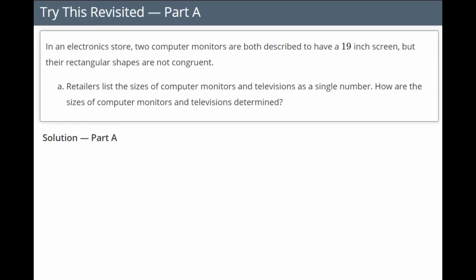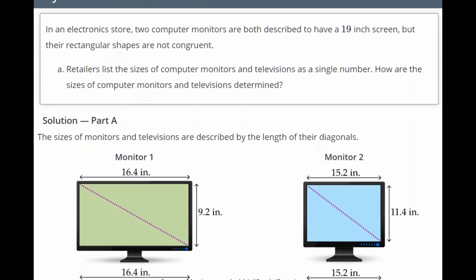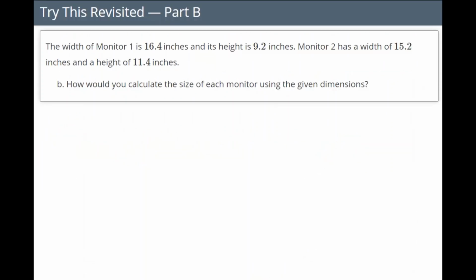How are the sizes of computer monitors and televisions determined? The sizes of monitors and televisions are described by the length of their diagonals. The width of monitor 1 is 16.4 inches and its height is 9.2 inches. Monitor 2 has a width of 15.2 inches and a height of 11.4 inches.